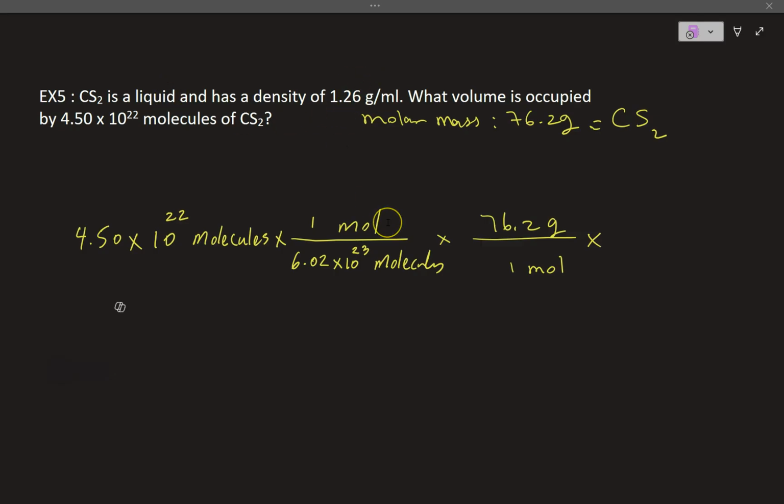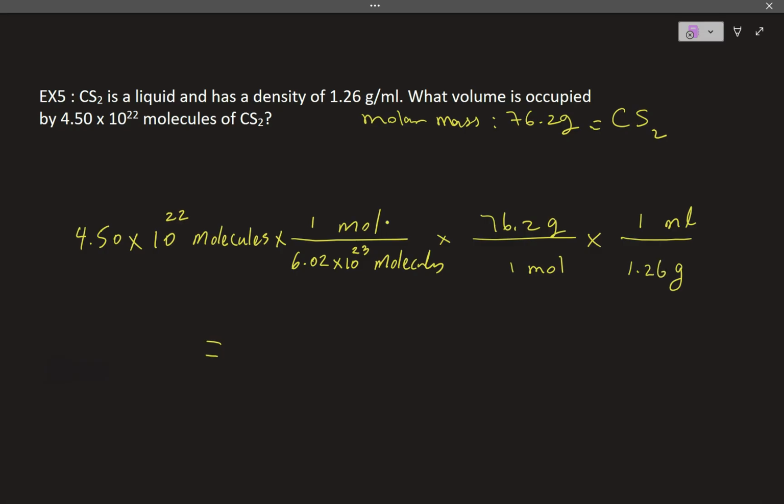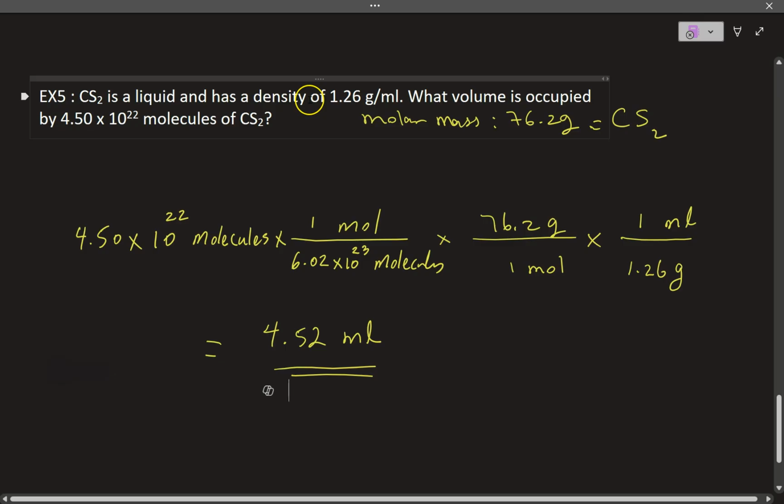So we have a gram at the bottom, milliliter on top, 1 milliliter, 1.62 gram. When you do all the multiplication, at the end you'll get 4.52 milliliter. That's the volume of the liquid with that density, and it has that many molecules.